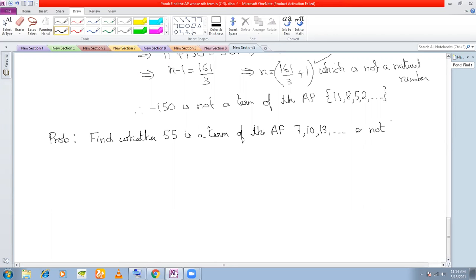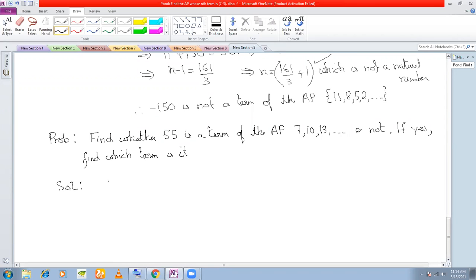If yes, that is, if 55 is a term, find which term it is. Okay.